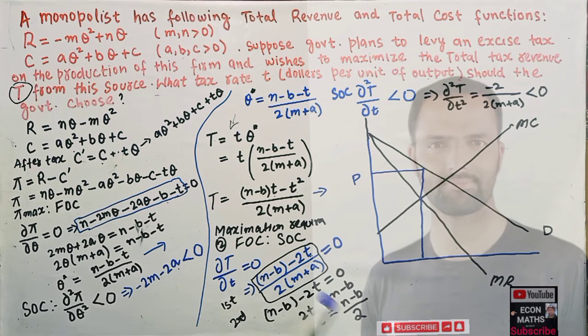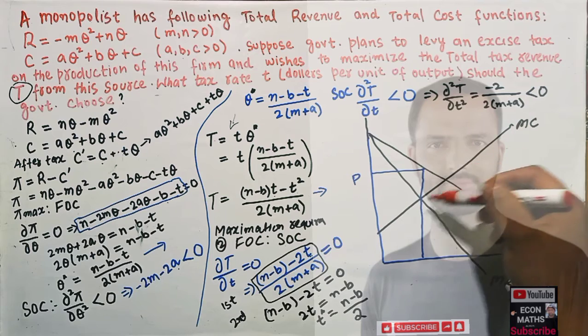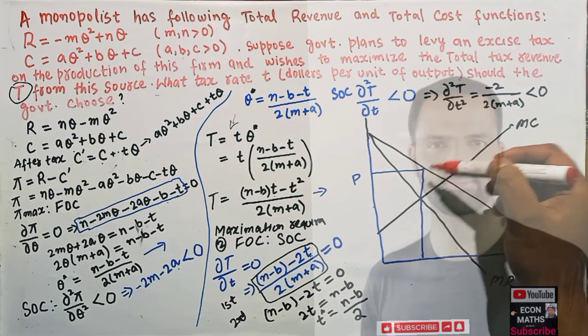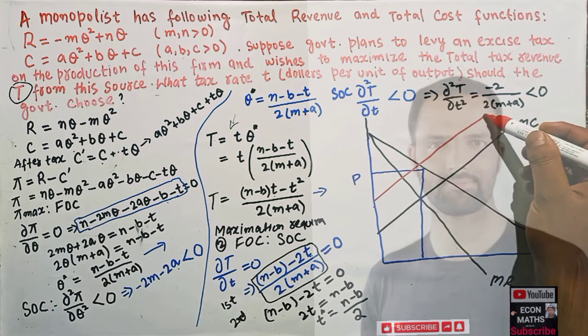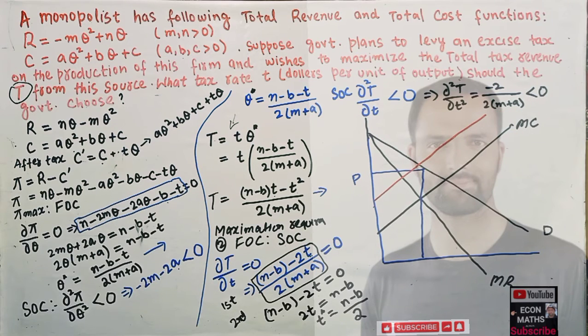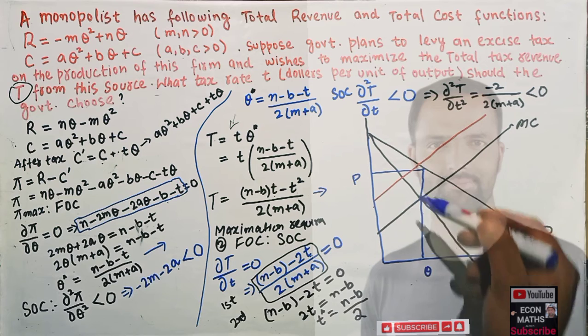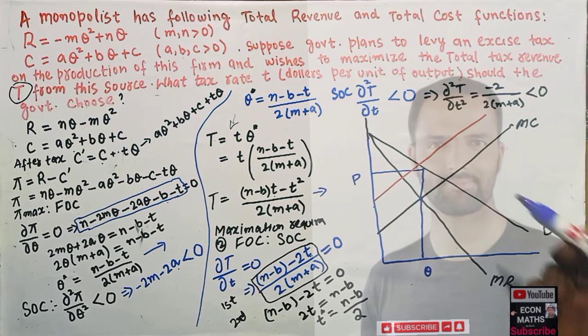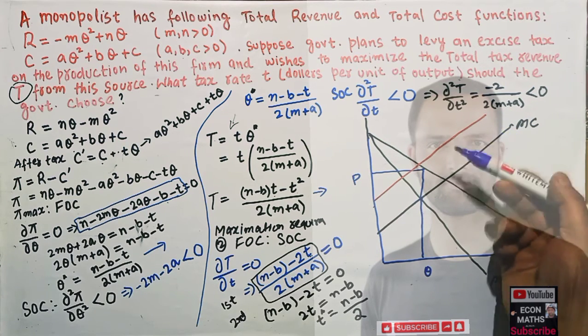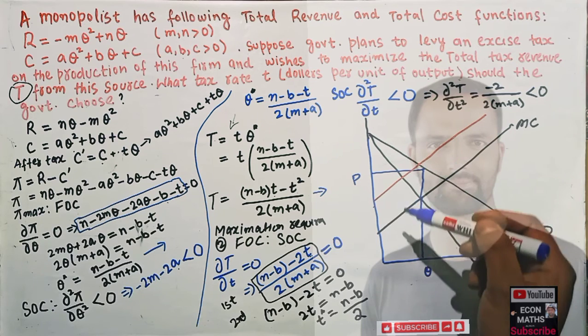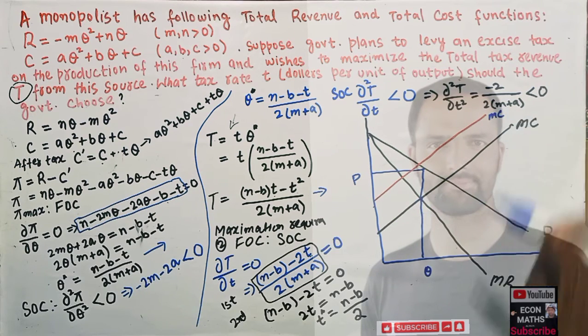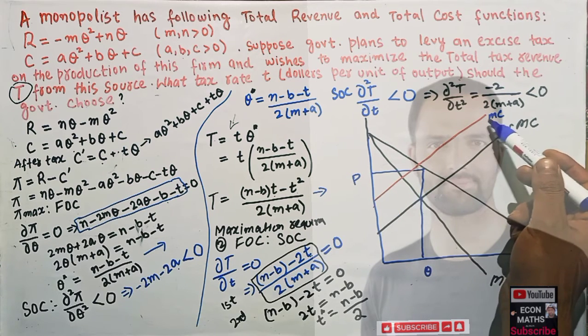When the per unit tax is imposed, obviously the marginal cost will shift upward, so this will become like this. This is our new marginal cost. So marginal revenue is equal to marginal cost. Initially we were producing this, and after the excise tax is imposed, again the monopolist will equate marginal cost and marginal revenue.